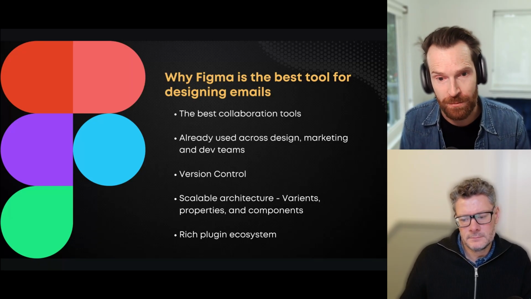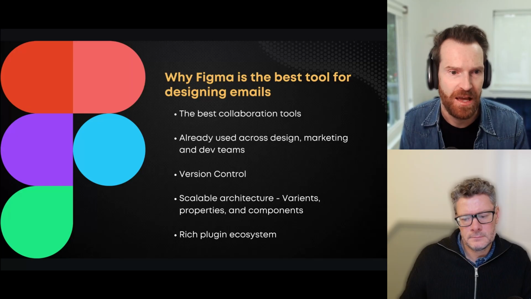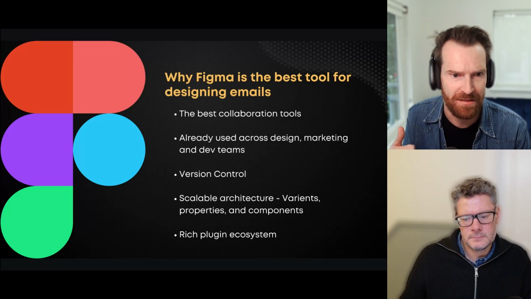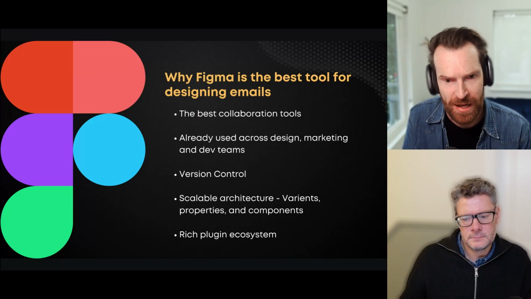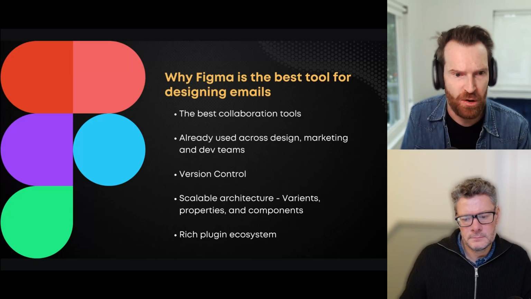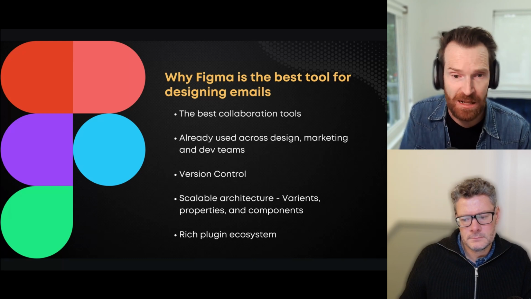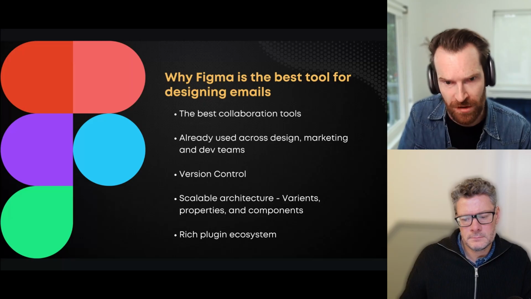Figma was built from the ground up to design websites and web native assets. And so it has version control. It has a scalable architecture that allows you to create these components, variants, add properties to them, and scalably edit components across all of your designs.